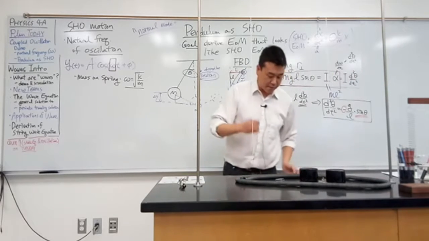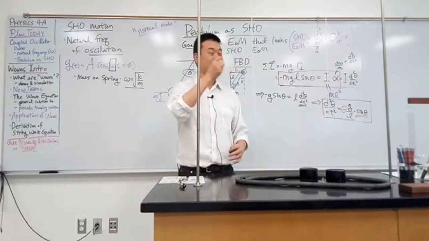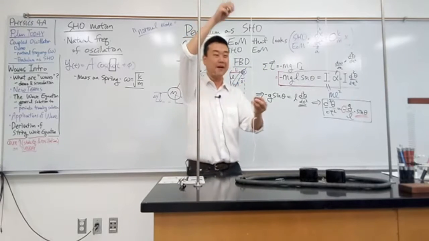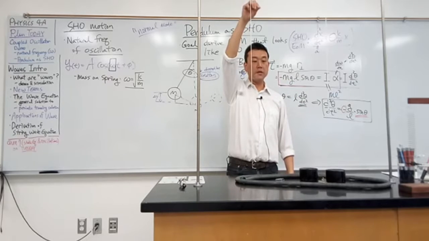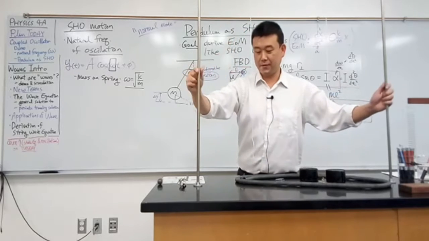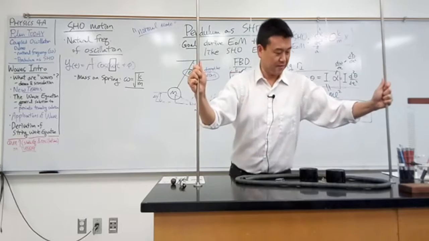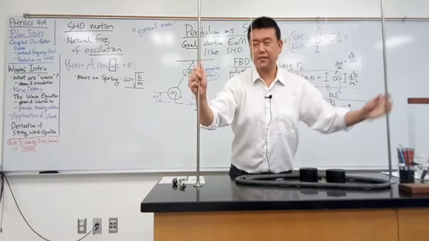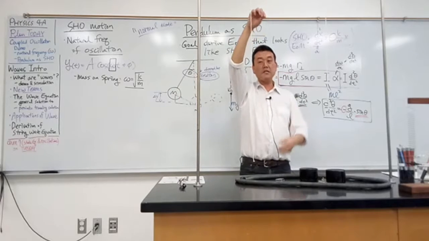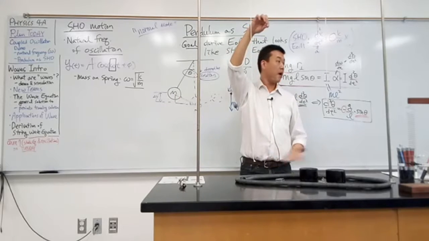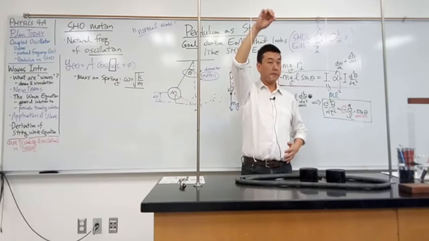So this is the approximation that we are making, and it's important that you understand the conditions of approximation. When it's a small pendulum motion, we can say, okay, this looks like a simple harmonic oscillator.